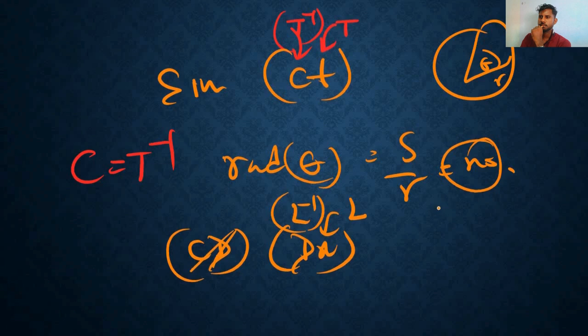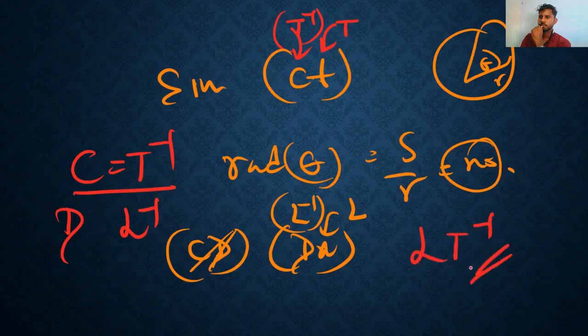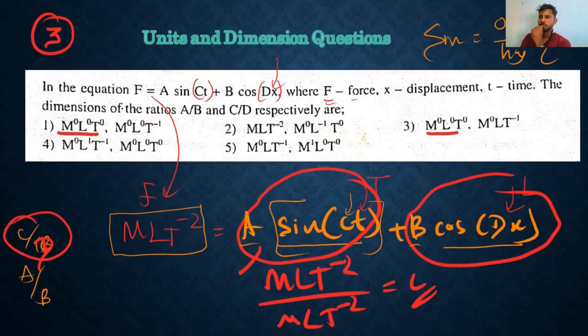So for C we have T minus 1, and for D it's L minus 1. So basically it's L T minus 1, right? That's what we are getting. Let's move into the answers. L T minus 1, yes, M naught, there's no M. So M naught L T minus 1, that's our answer.